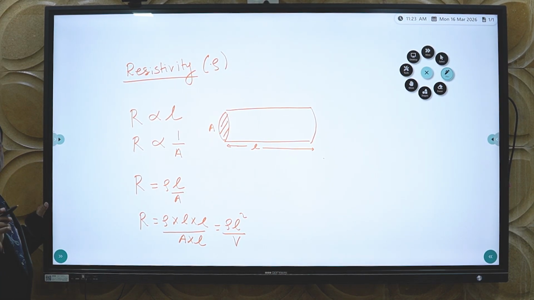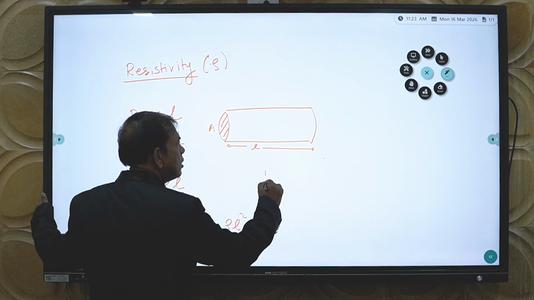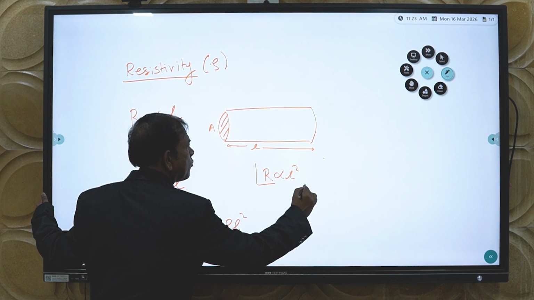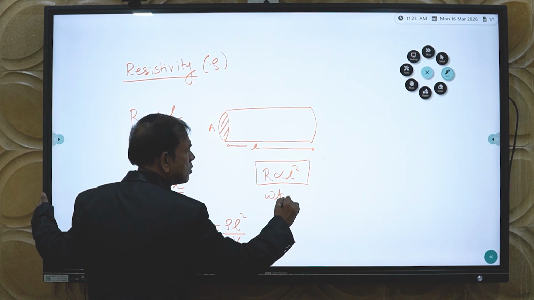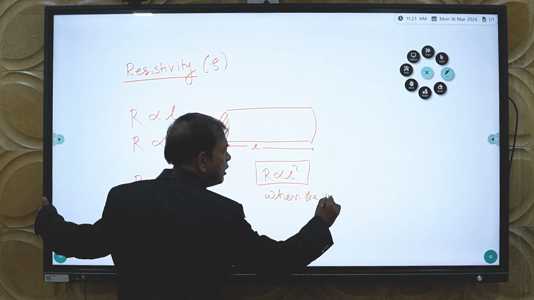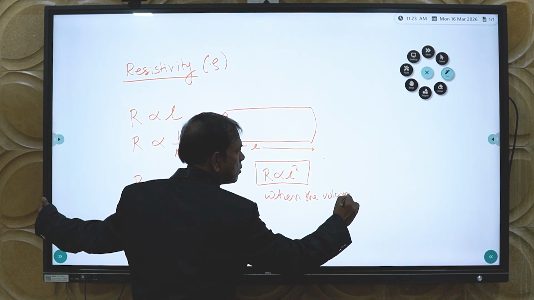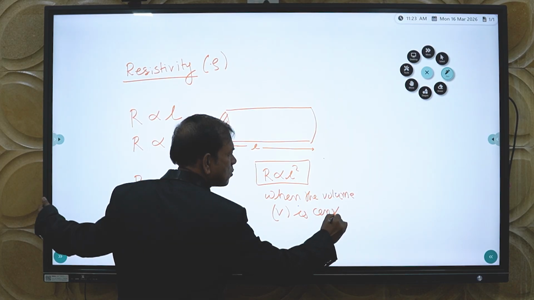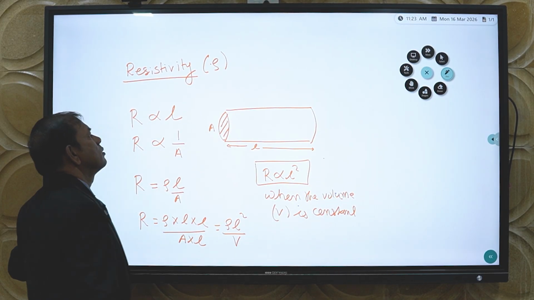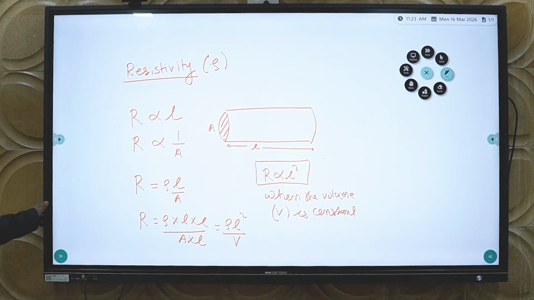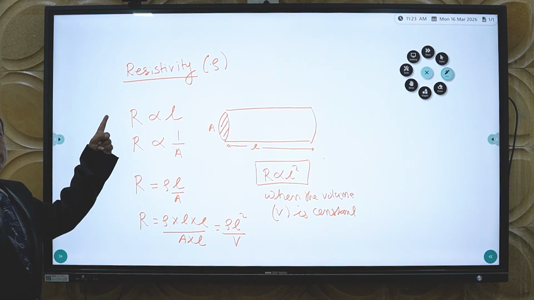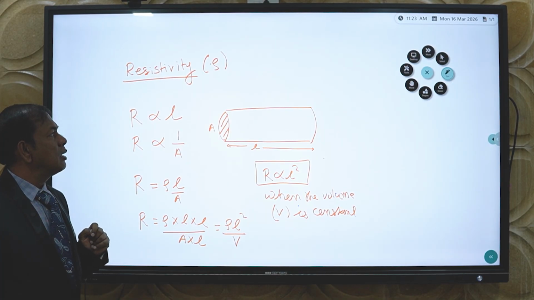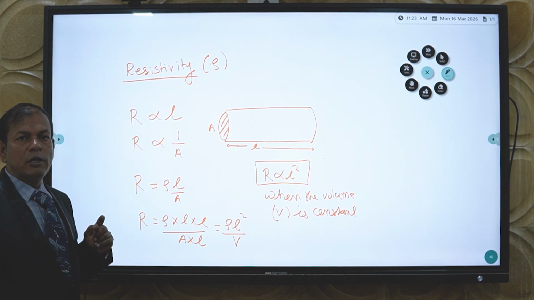If volume remains constant, then we say R is proportional to the length square, when the volume V is constant. This is basically resistivity, and remember the resistivity doesn't depend on physical properties like length and volume, but resistivity depends on the chemical property of the material.